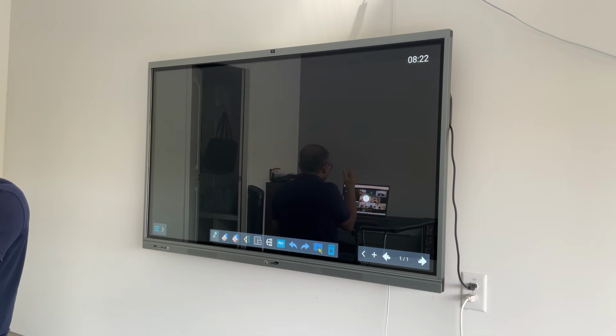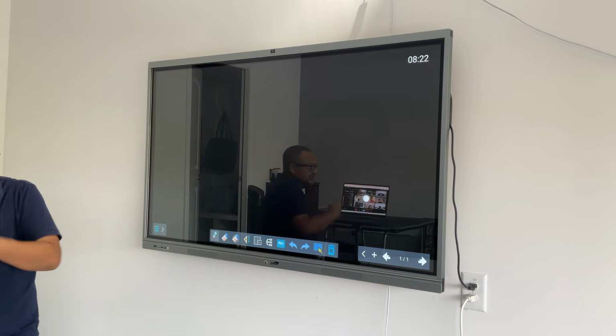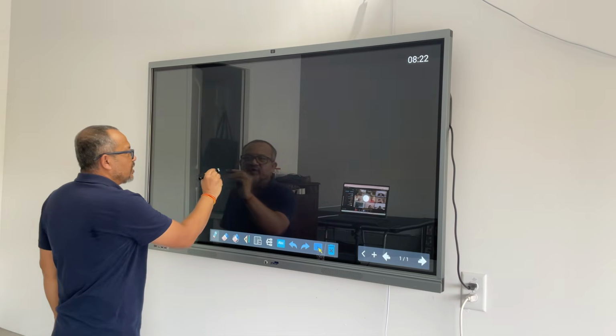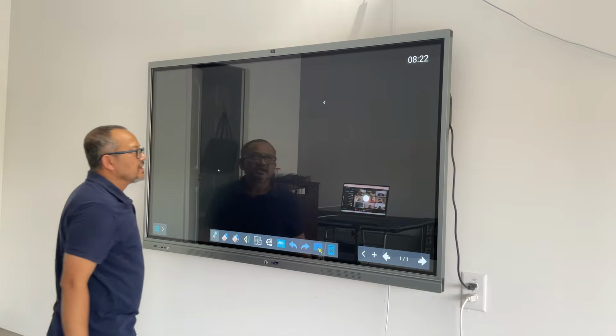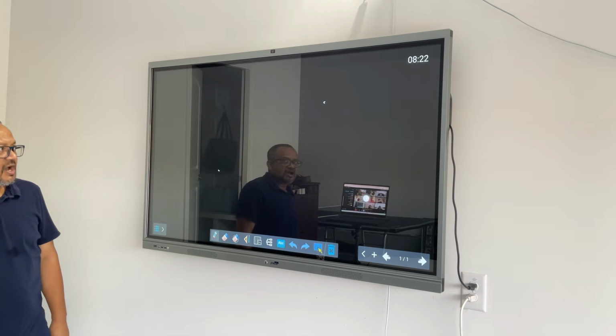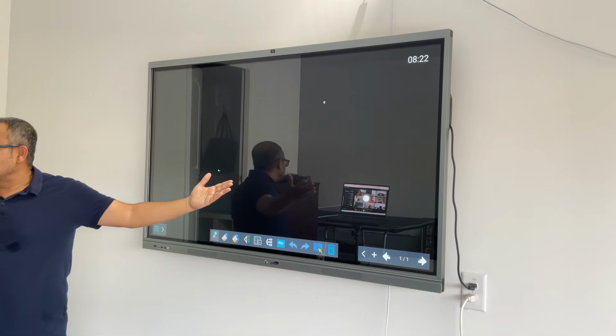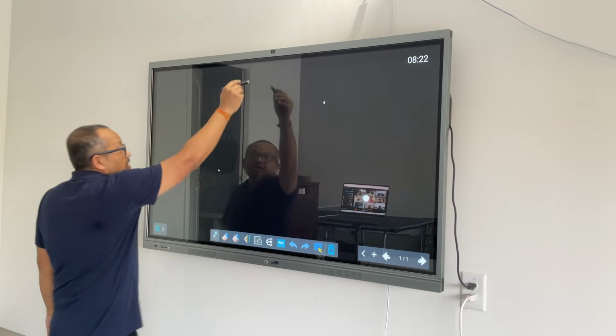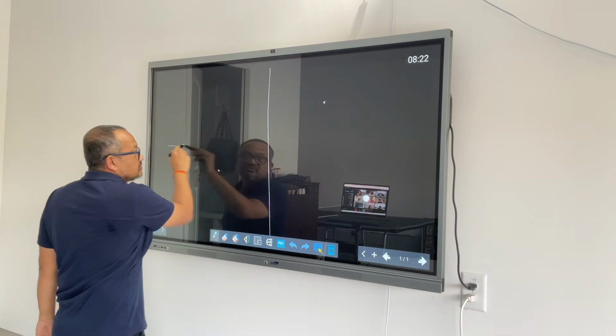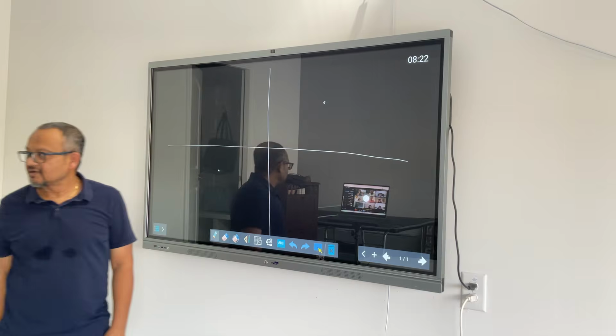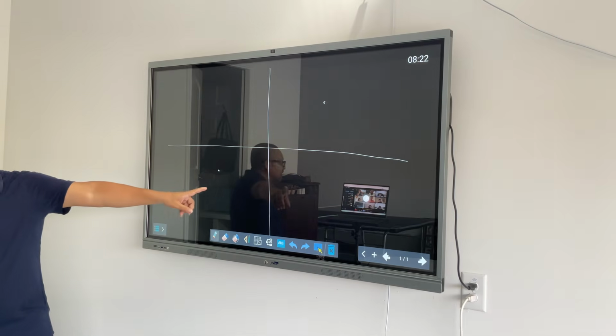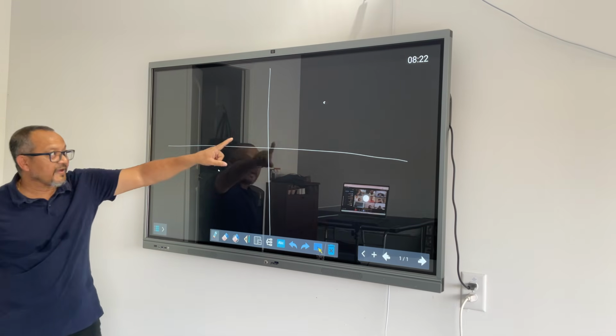What do you need? 2 points to draw a line or line segment. If you have these 2 points, how do you know where these points are? Your coordinate plane only tells you. If you don't have the coordinate plane, you would not know where these points are.